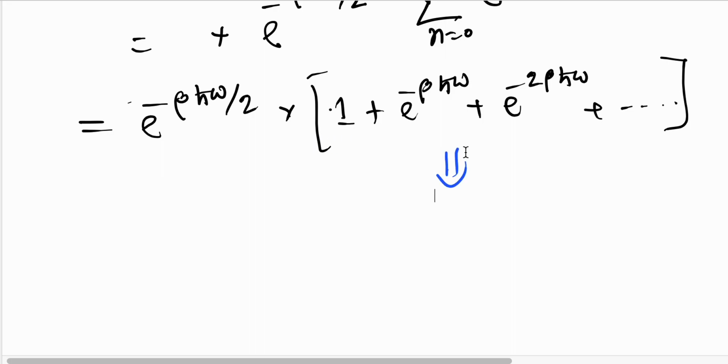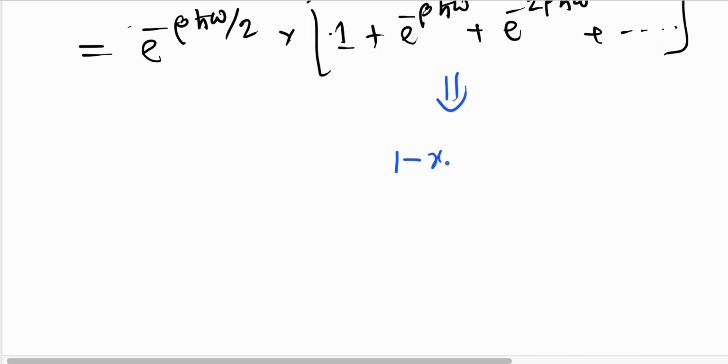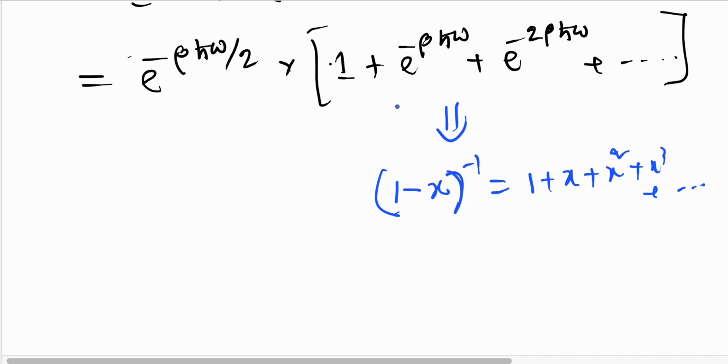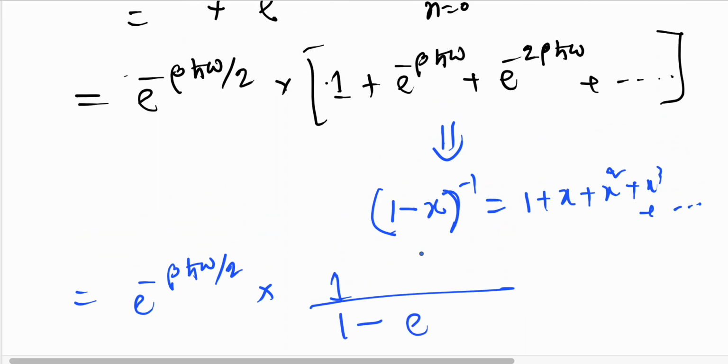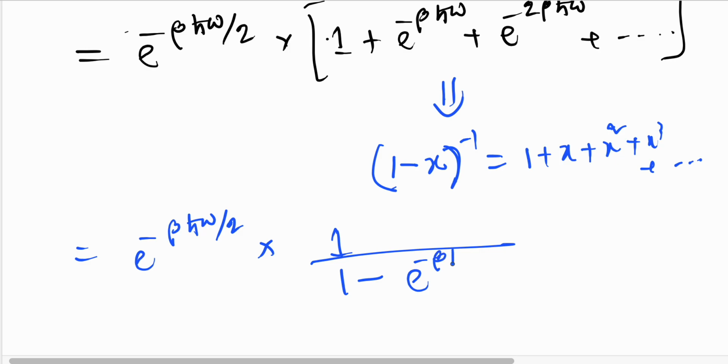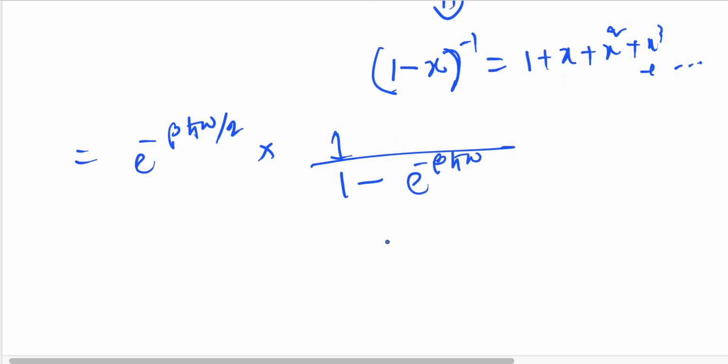Since we know that (1 − x)^(−1) is nothing but 1 + x + x² + x³ + ..., this series will become e to the power minus beta ħω/2 into 1/(1 − e^(−βħω)). So the series sum's limiting value will be 1/(1 − e^(−βħω)).